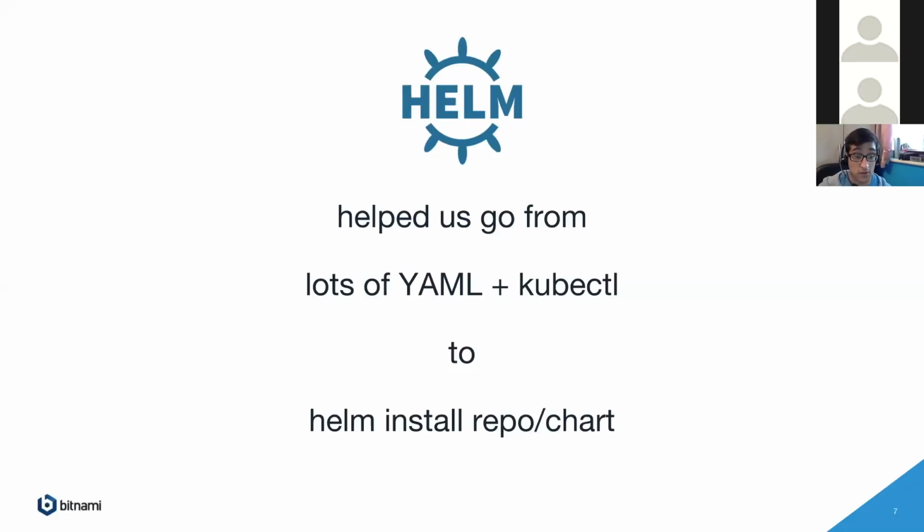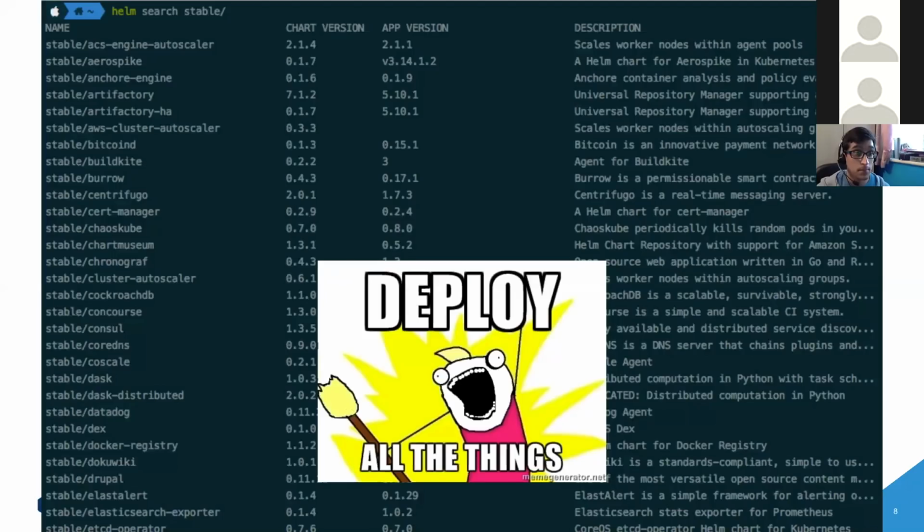You can do all sorts of stuff with Helm. You can install charts, you can upgrade them, you can manage the whole life cycle within your cluster. With Helm, we get a huge repository of charts that we can just pick up and use straight away.